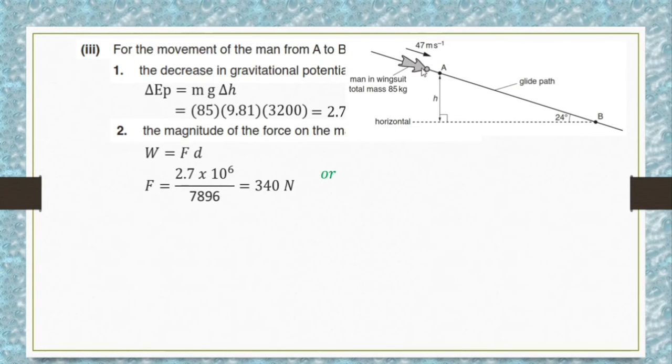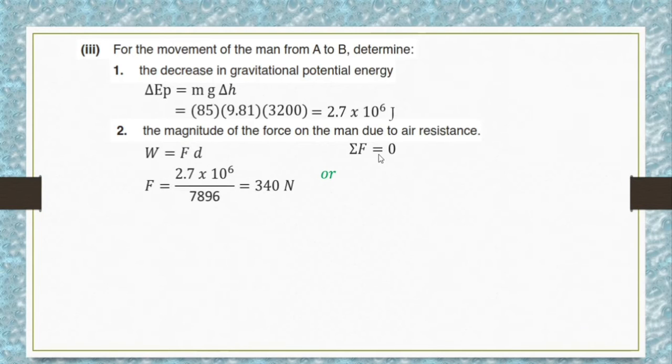Or you can use the diagram of force here. The man has a certain weight, and this weight can be resolved into weight times the sine of 24 degrees on the x-axis, and the vertical component will be weight times the cosine of 24 degrees. Because he is moving at constant velocity, we know that the resultant of force equals 0.